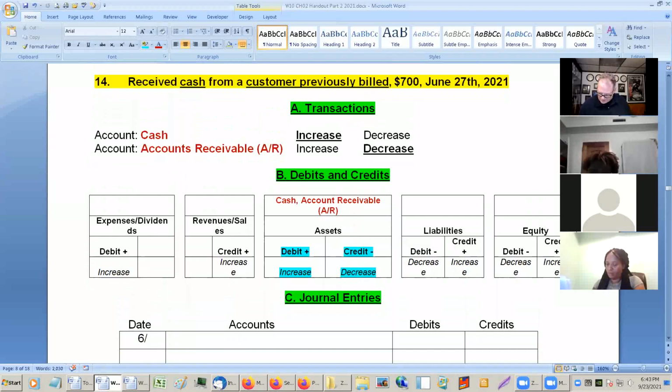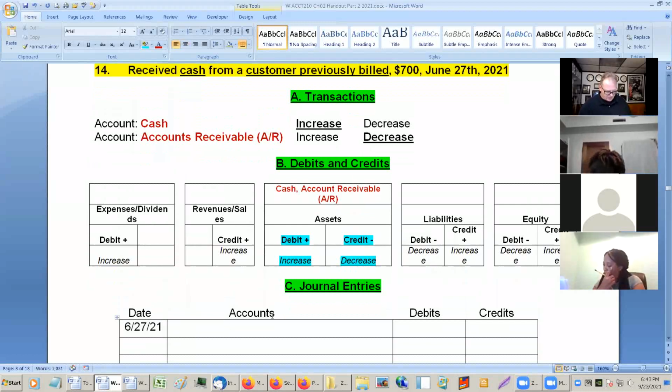So this is 6/27/21. Cash is going up. And instead of writing out accounts receivable, you can simply put this.